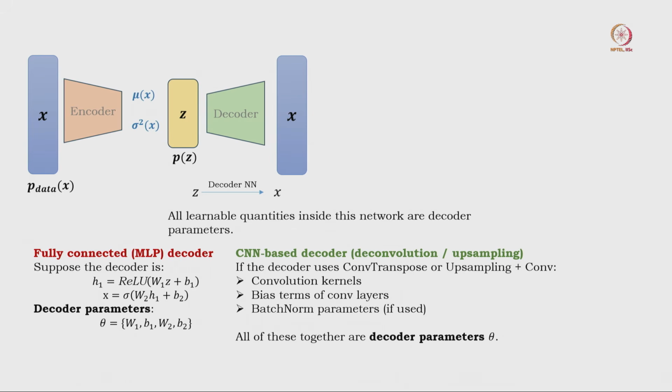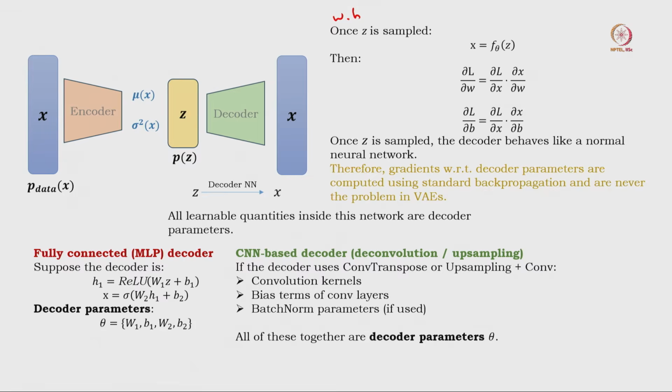Now, if you assume weights and bias are the learnable parameters, how do you compute the gradients? It is the derivative of loss with respect to W and the derivative of loss with respect to bias that we need to calculate. How do you write this? Once you get the reconstructed output, you will calculate the loss.